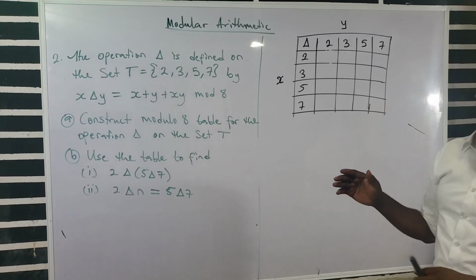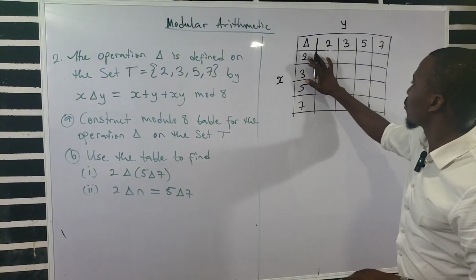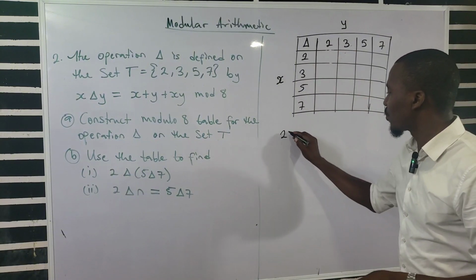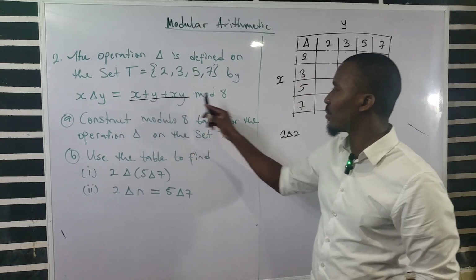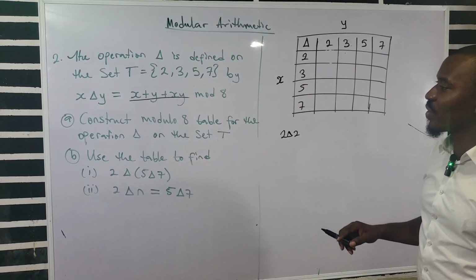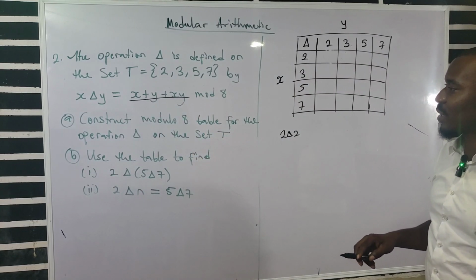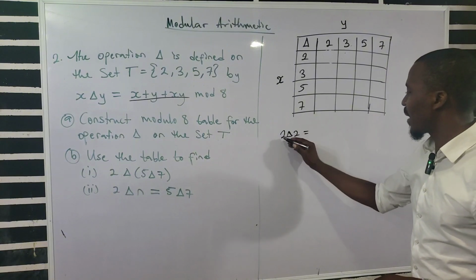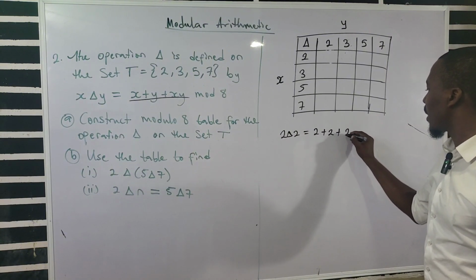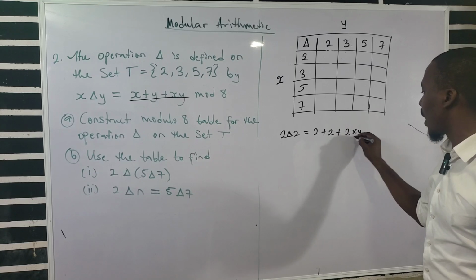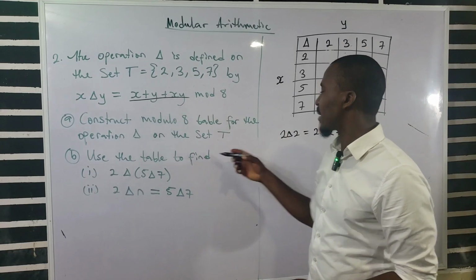Okay. Now, what to do there is, first one is 2 binary 2. So we have 2 binary 2. You have to obey the rule of combination, which is x plus y plus xy. So x plus y plus x times y, because xy means x times y.